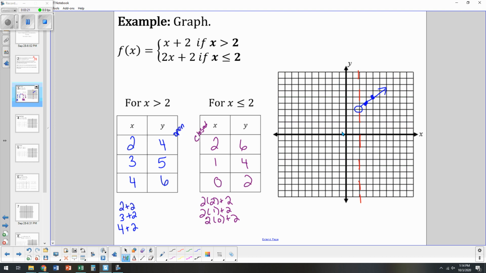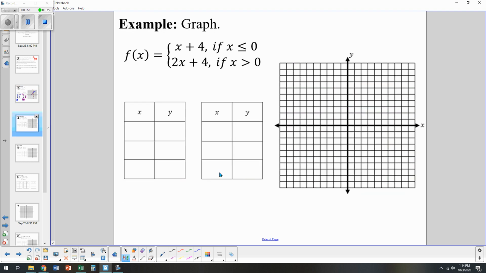So I'm going to graph the point (2, 6), and that's a closed circle. I'm going to graph the point (1, 4), and I'm going to graph the point (0, 2). I'm always going to start at the one on the boundary line and then continue the other way. So that would look like that. Right? I don't want any points of this line going past that, and I don't want any points of this line going past that.